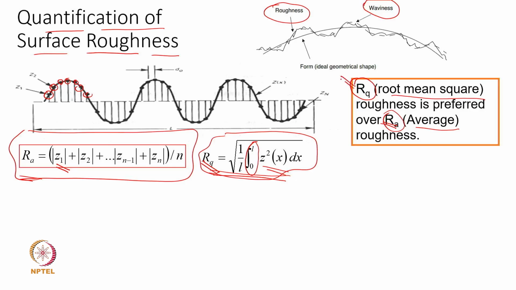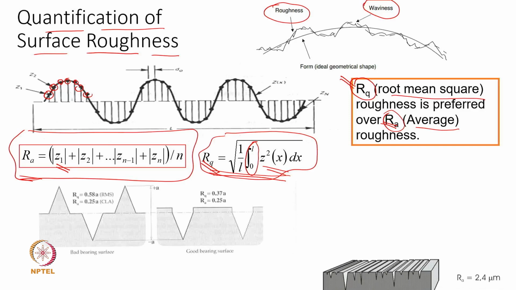However, from a surface engineering point of view, we prefer to use Rq value. What is the reason as such? Because when we are thinking about designing the surface, we really require some sort of characteristics of the surface, and that will be more signified with Rq value compared to Ra value. That is why we prefer to use Rq value compared to Ra value.